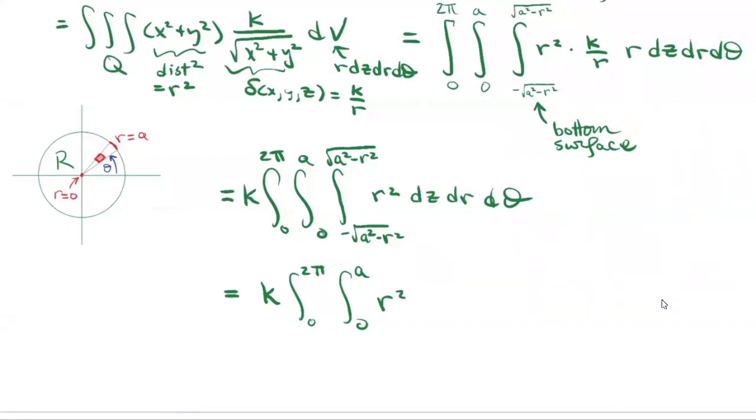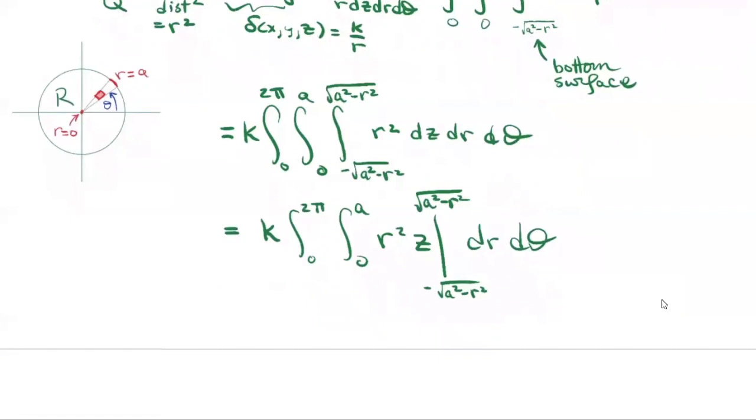So you're going to have r squared z, and z is going to go from the bottom to the top, like that, and then we'll have a dr d theta. And then you just get two of those, I think.